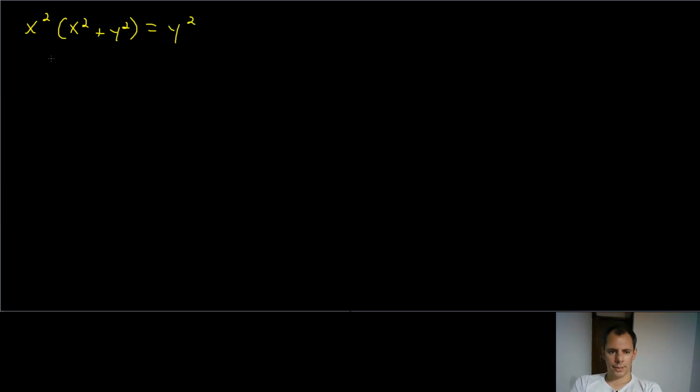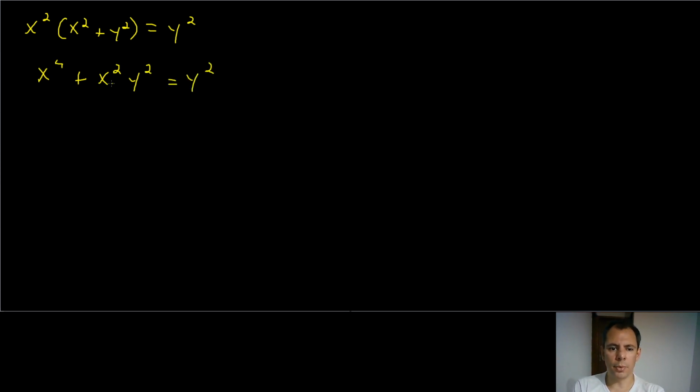Now, since I've got to divide this by x, and I also have to divide this by x, I could use the product rule here, but to simplify, I'm just going to multiply it out. So it's going to be x to the 4th plus x squared y squared equals y squared.